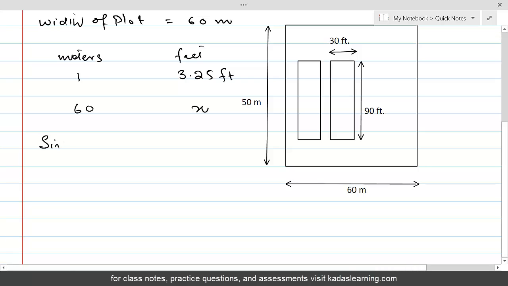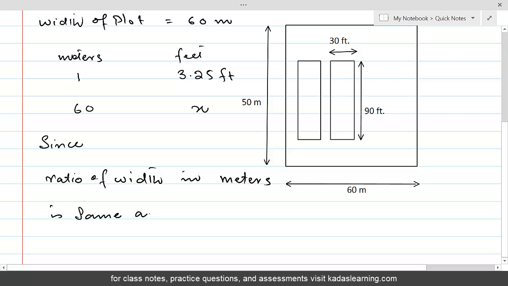Since ratio of width in meters is same as ratio in feet.